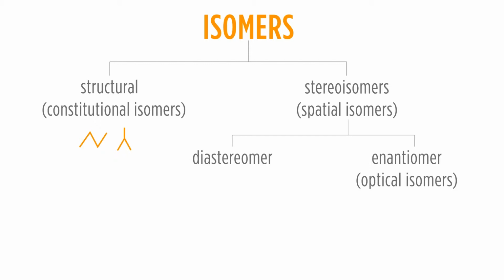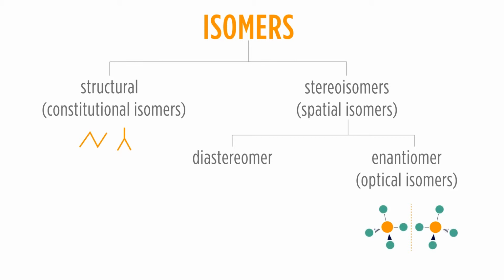Enantiomers, optical isomers, we can think about a left hand and a right hand. All things being equal, these will be optical isomers. To have an optical isomer, I must have a chiral molecule. One way to have a chiral molecule is to have a carbon with 4 different things attached.